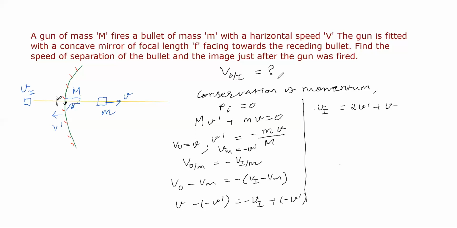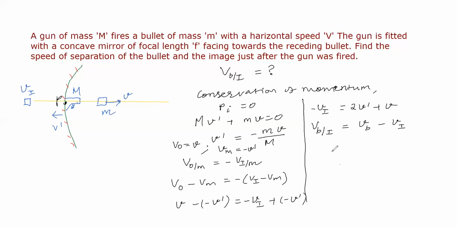Now actually we need to find the velocity of the bullet with respect to the image. Velocity of the bullet is known as velocity of the object, that is v. Velocity of bullet with respect to image means velocity of the bullet minus velocity of the image.